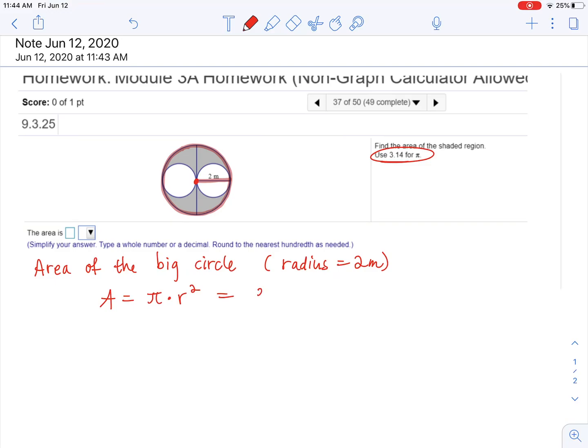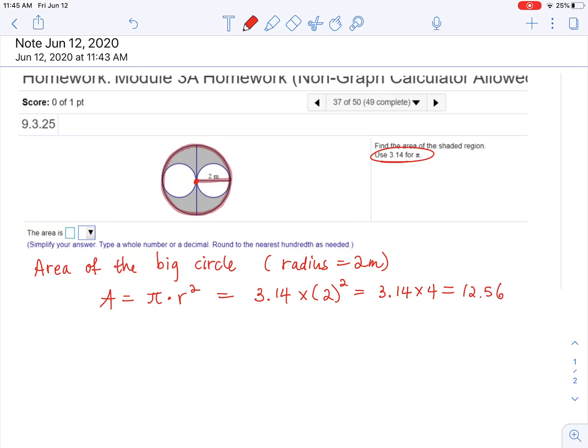So 3.14 times 2 squared, that will be 3.14 times 4. Let me type this in the calculator on my cell phone. What is 3.14 times 4? That's going to be 12.56.